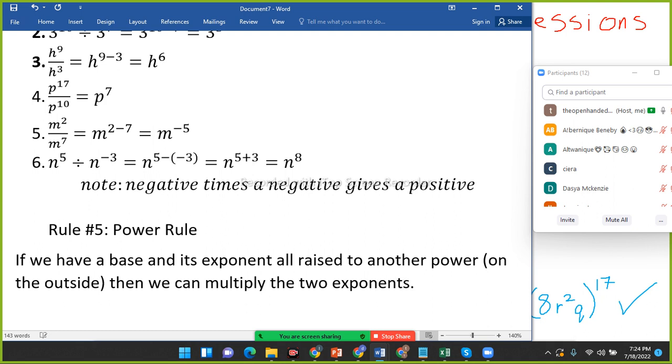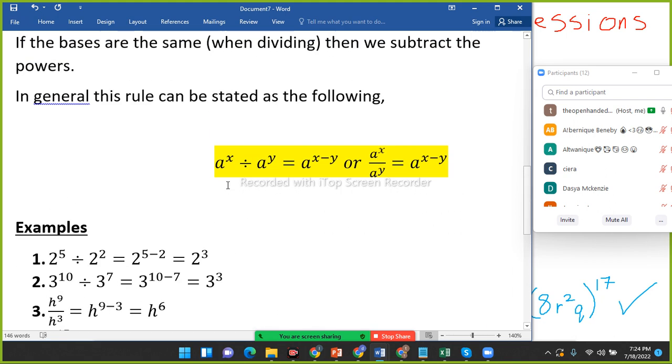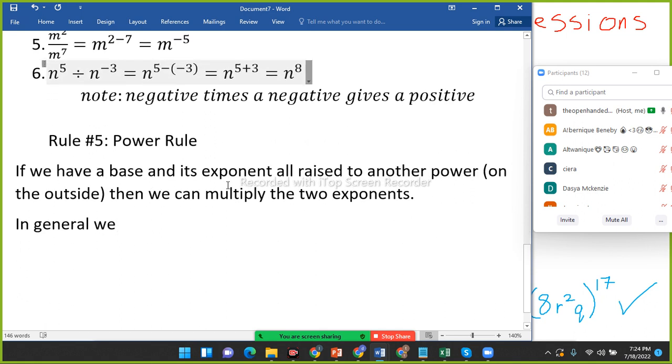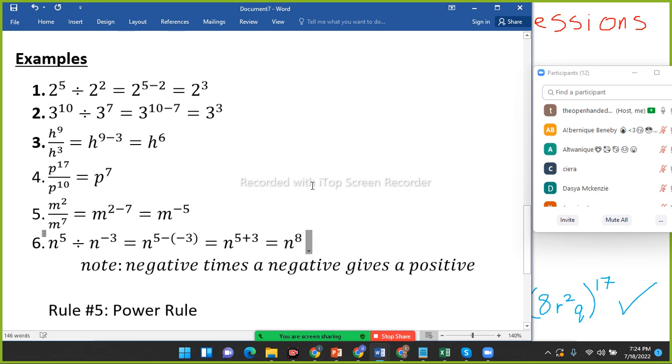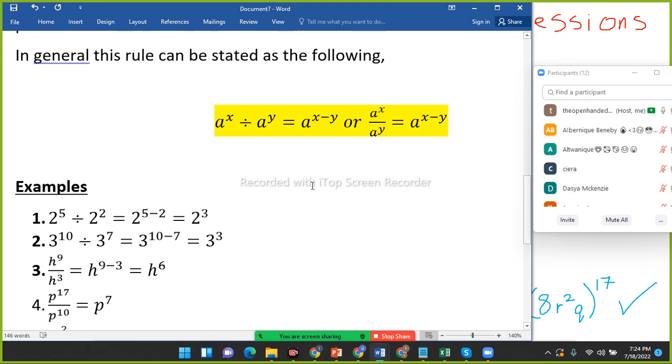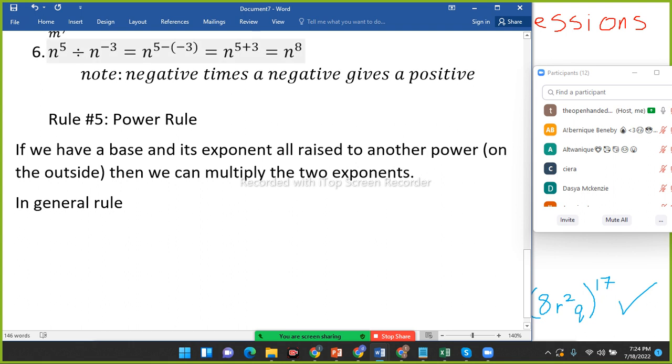That's what the rule says. So in general, this rule can be stated as follows.